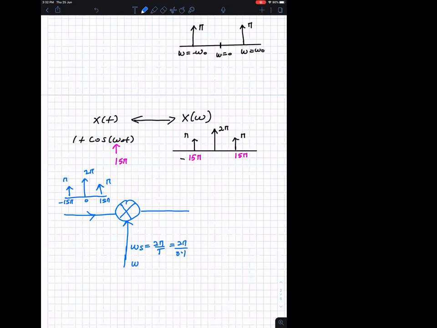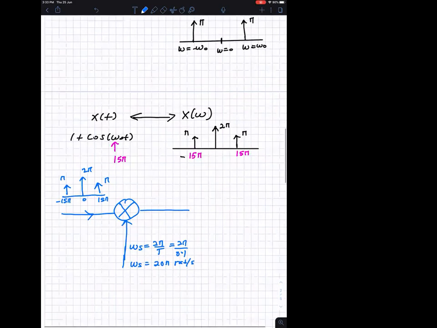So omega_s is 20 pi radians per second. So it's going to be sampled at this frequency. What does this sampling mean?